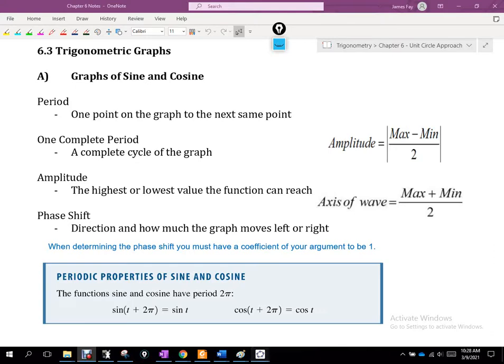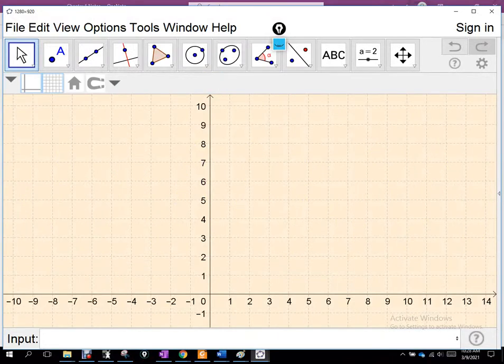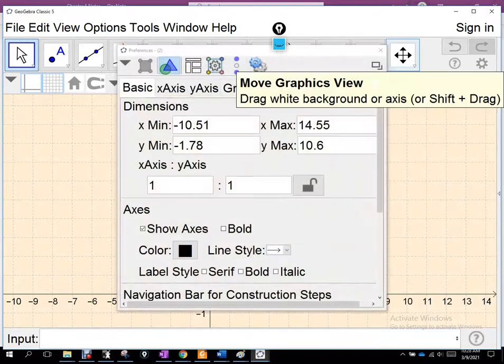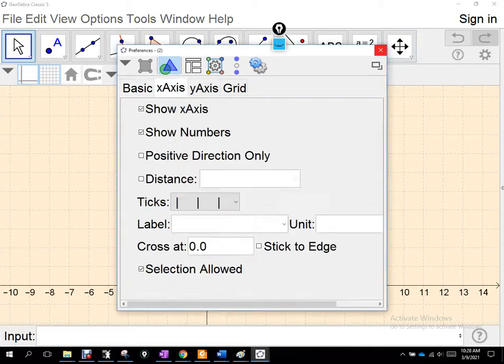Okay. So we're just going to take one function here. Let me change this. I like Desmos, but GeoGebra for graphing periodic functions is my go-to thing, because I can change the x-axis in terms of pi.